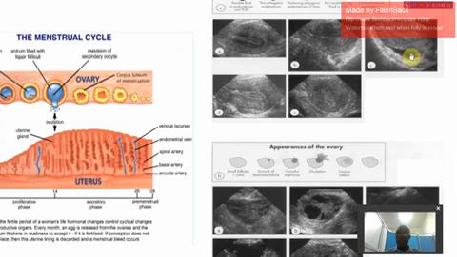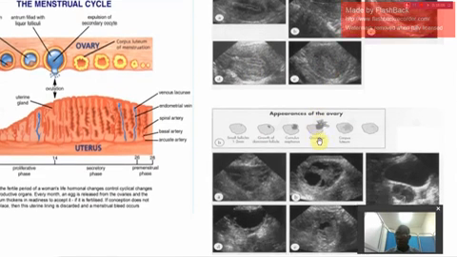And this is due to a ruptured follicle that produces this blood in the pouch of Douglas. So you can see the endometrium here is also thickening in the secretory phase. That's exactly what we are talking about, and these are the normal phenomena. This is the secretory phase of the endometrium, and let's look at other phenomena too.